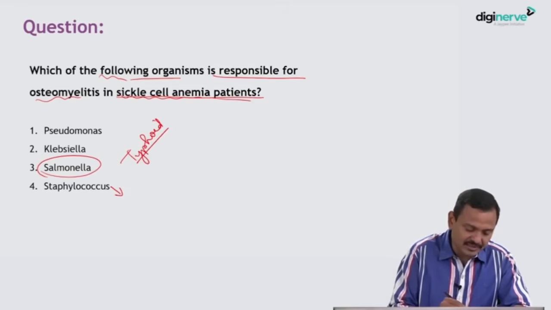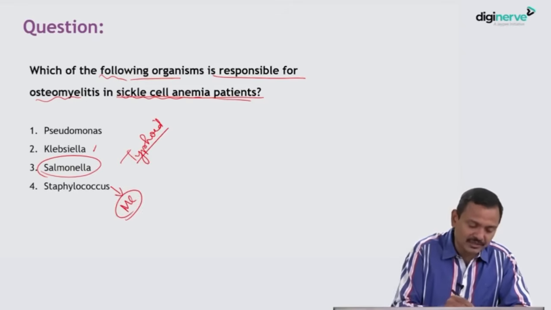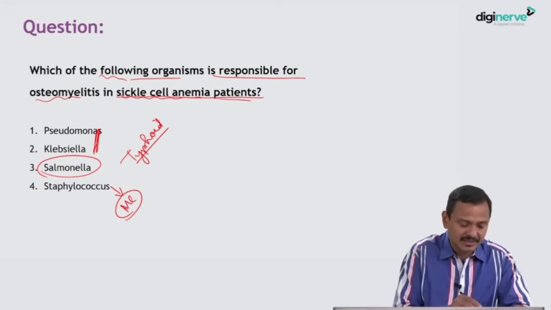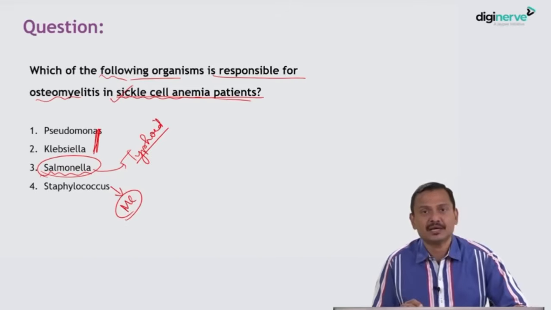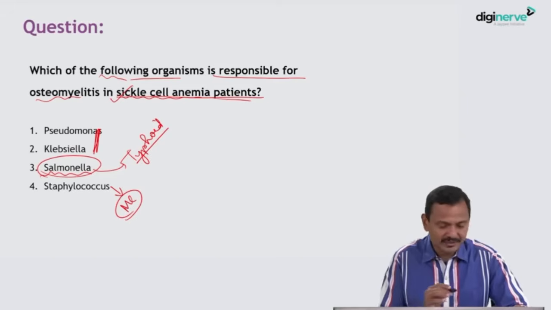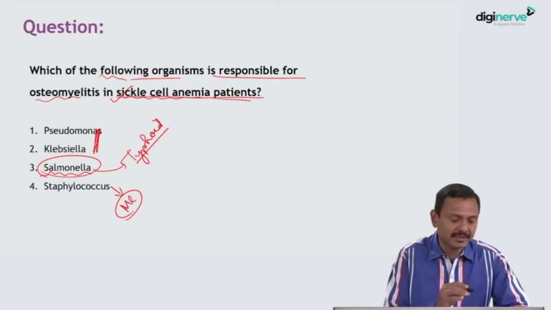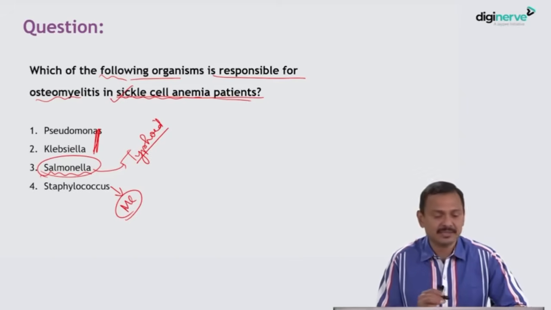Staphylococcus is the most common overall, followed by Pseudomonas and Klebsiella, but Salmonella, though rare, is common in sickle cell anemia patients. With that MCQ, we have completed our discussion on osteomyelitis.